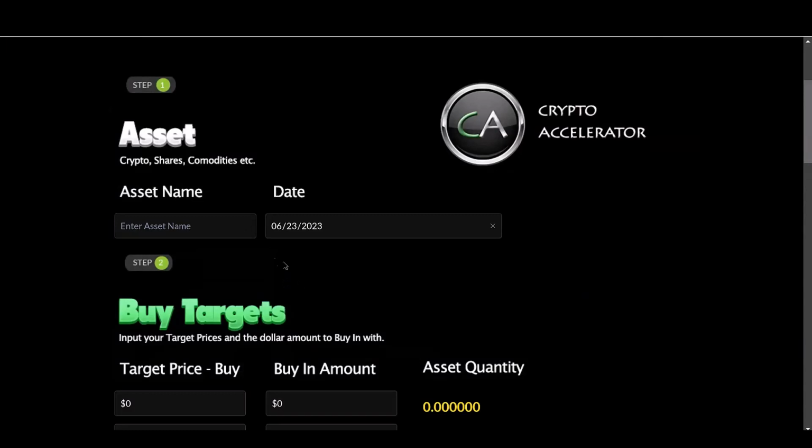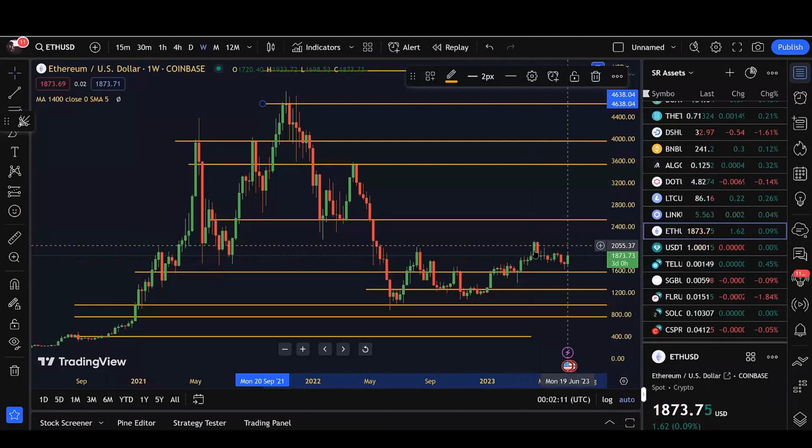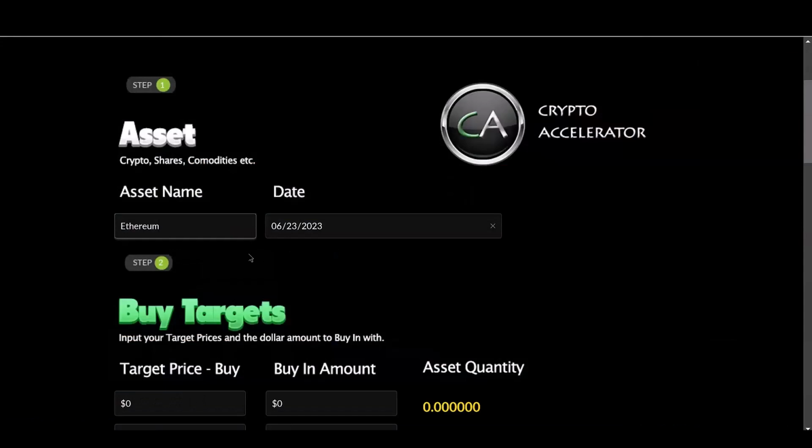So the first thing we're going to do is add in Ethereum to the asset name field. Now let's go check out Ethereum's current price. We're at just $1,870 odd. We'll add that in as the first buy target.